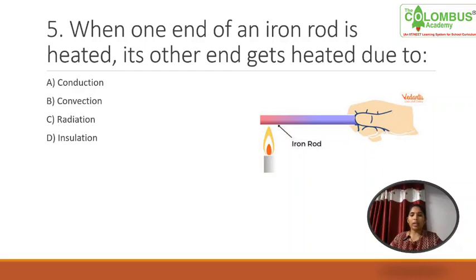When one end of an iron rod is heated, its other end gets heated up due to what? See this figure, one end of the rod is getting heated, and slowly the heat will transfer to the other end after some time. If I hold this rod, I may get burnt, and I cannot even hold the rod. So what is the reason? The heat is transferring from one end to the other end.